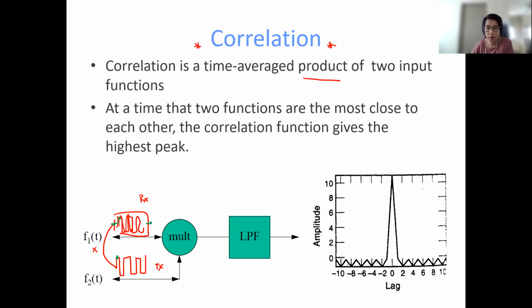If you compare to other parts, you will have only one highest peak. Then you can say that that one is the correct signal. That can be bit one, and so on. This is the concept of correlation. You compare two things. If they are very close to each other, then the correlation function will give the highest peak to detect the original signal back.